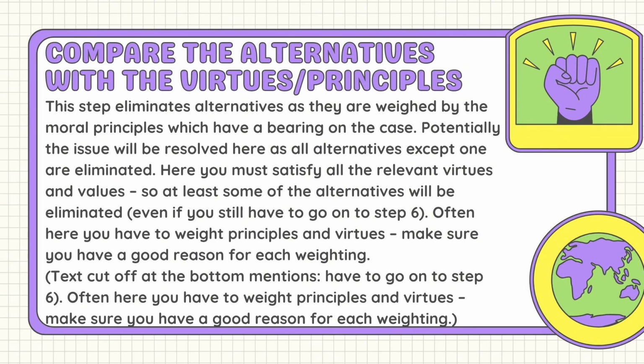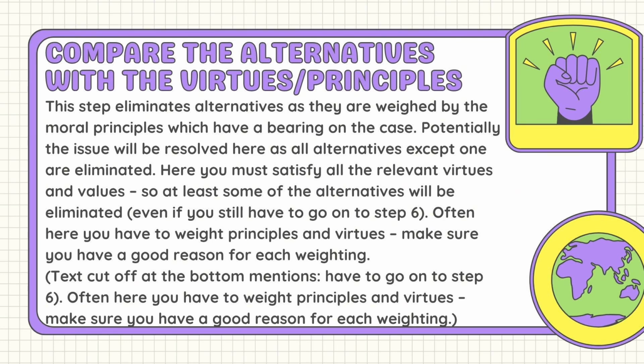For example, using the 500 peso case, keeping it might break the virtue of honesty, but giving it to the teacher or the staff supports integrity. Waiting for someone to claim it shows fairness and responsibility. You see how some choices align more with moral values than others. This step often narrows your decision down to one or two strong options.